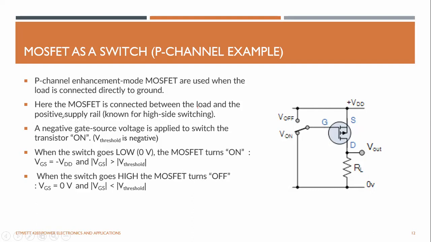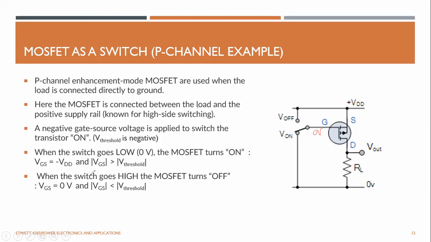Now here, take this example. When you turn this gate to the ground, you know this voltage is 0 volt, and this is plus VDD. VGS is the gate voltage with respect to the source. Assuming the source is your reference point, the gate has a negative VDD, because with respect to the gate, this voltage is VDD, and with respect to the source, this voltage is minus VDD.